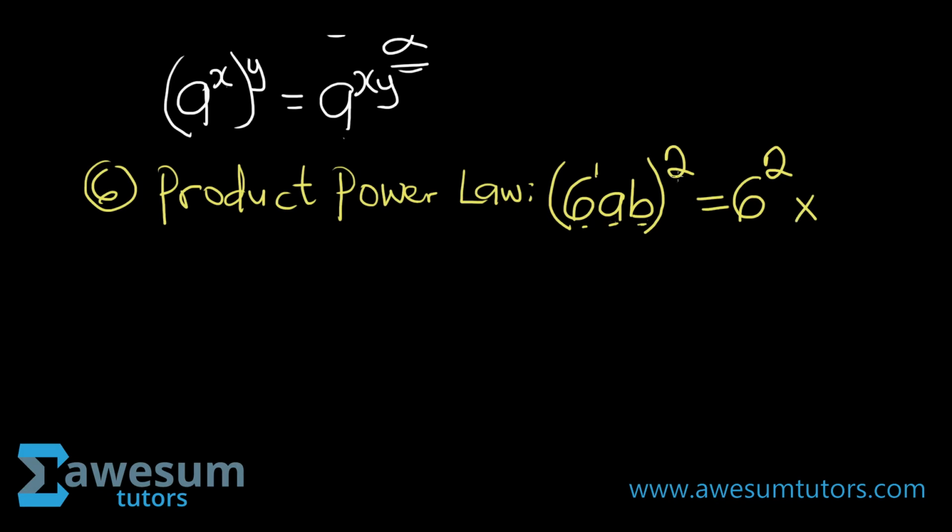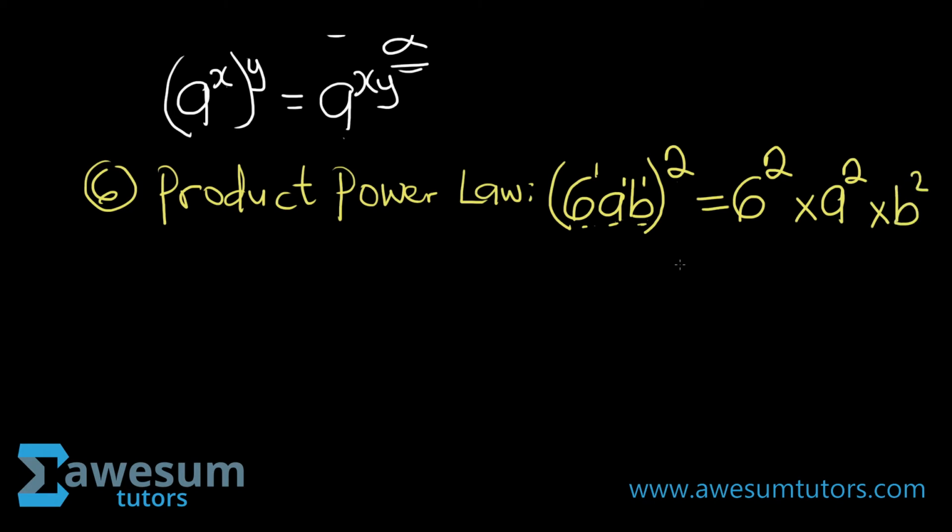Remember, we are distributing this power to all the factors here. This a also is a raised to power 1, right? 1 times 2, that's 2. That is a squared. Times b, which also means b raised to the power of 1. 1 times 2 is 2, b squared.